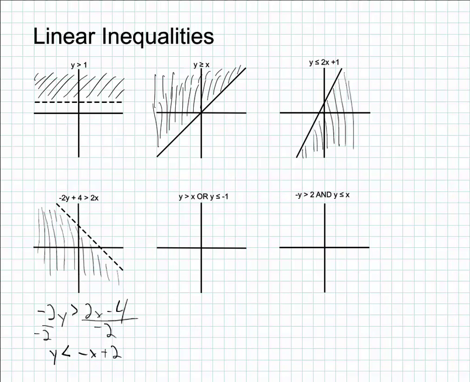Let's look at a compound linear inequality. y is greater than x, or y is less than or equal to -1. We know the line y is greater than x will be a dotted line that looks something like this. And then y is less than or equal to -1.